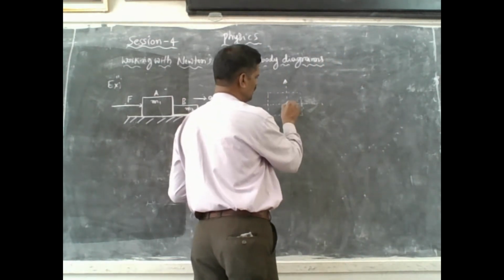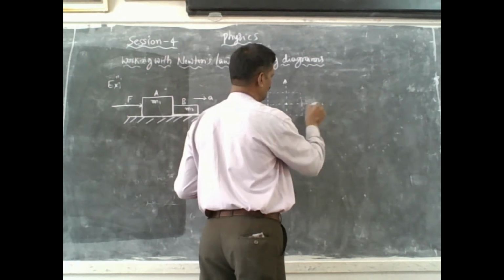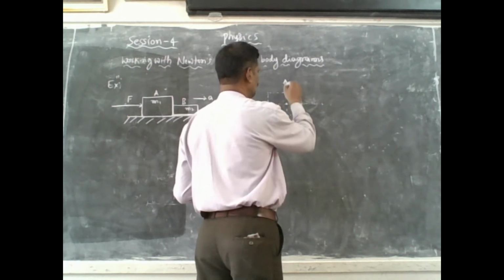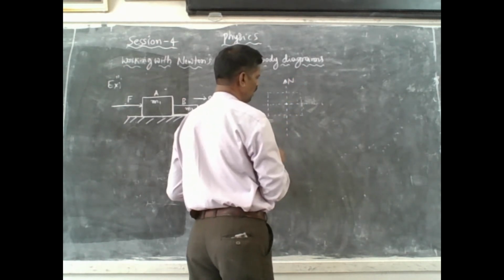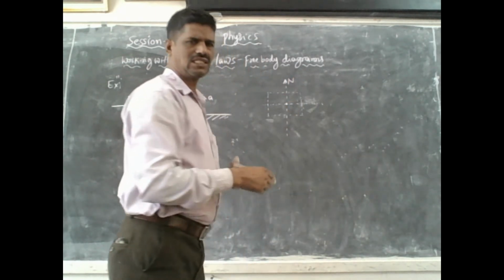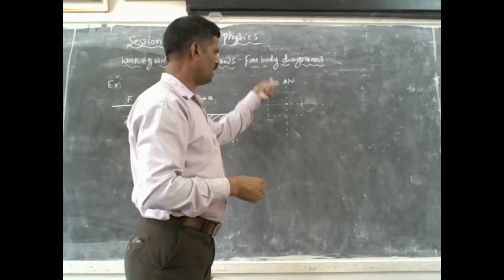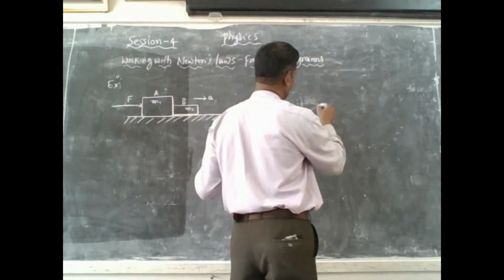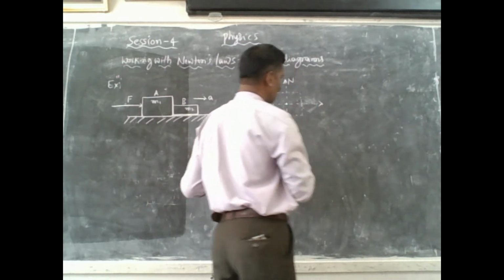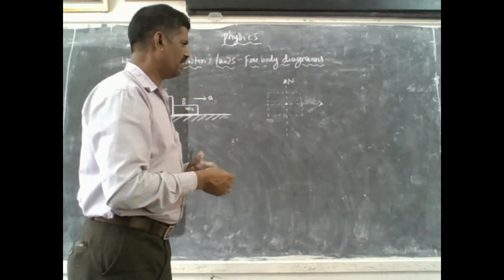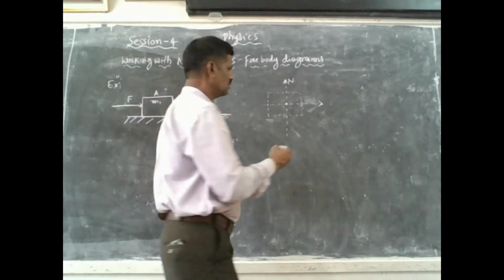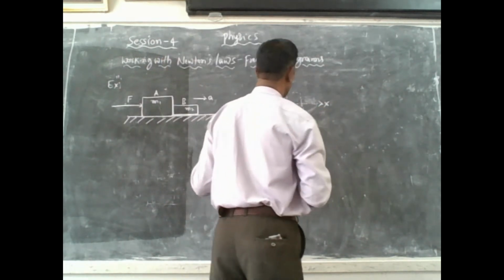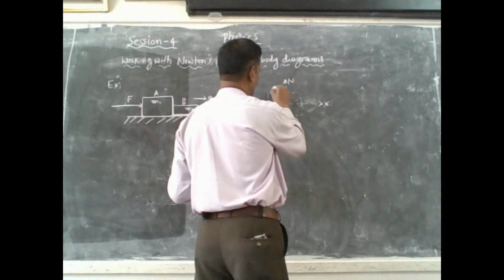So from which the direction must be taken out, isn't it? And here is the normal reaction. The normal reaction develops along the y-axis, and here are the frictional forces or any other forces which develop along the x-axis, isn't it? So this is known as free body diagram.